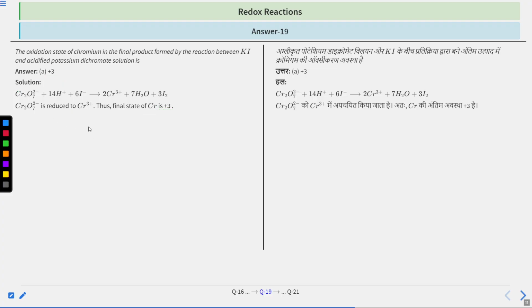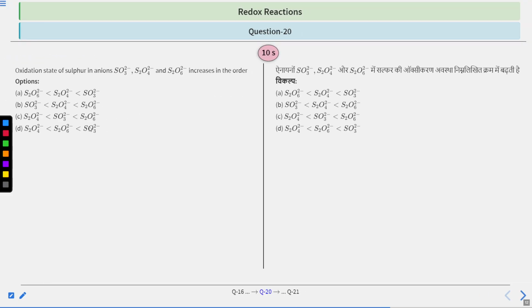Okay, let's move to the next question. Question number 20. The oxidation state of sulfur in the anions SO3 2-, S2O4 2-, and S2O6 2- increases in the order. Again, we have to tell the order of the oxidation states of sulfur in these three anions.